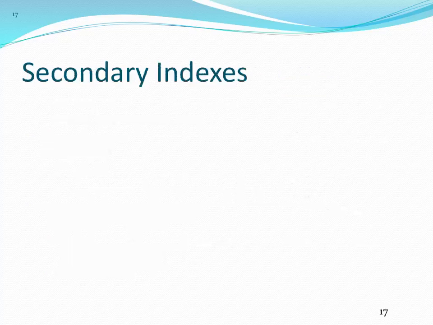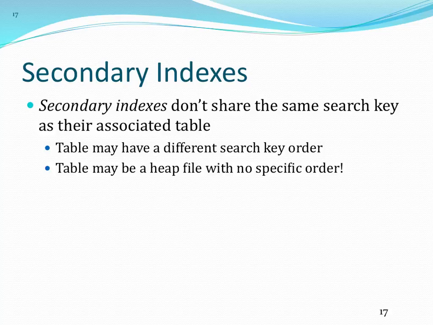So that's primary indexes. Remember, primary indexes are in the same order as the file that they index. Secondary indexes are 99% of the indexes you will ever create because they are not in the same search key order as the file they index. Now, since our secondary indexes tend to be B-tree indexes and our files that we're indexing tend to be hash files, heap files, I always get those mixed up, they're almost always in different orders.